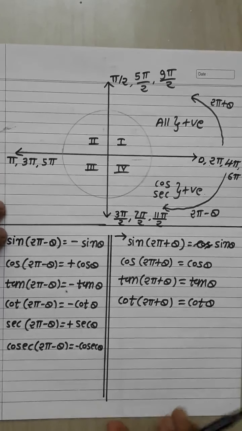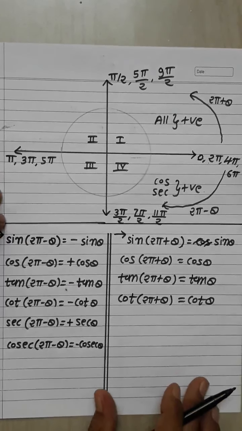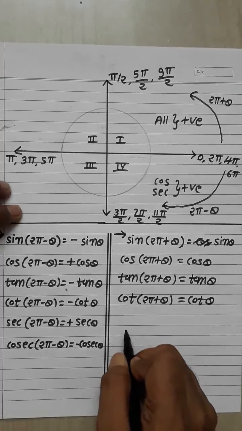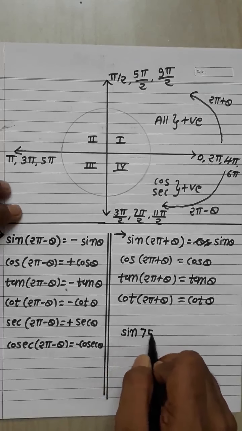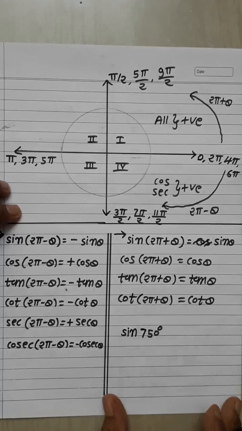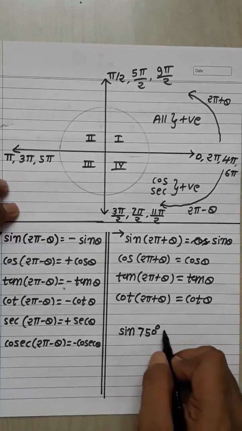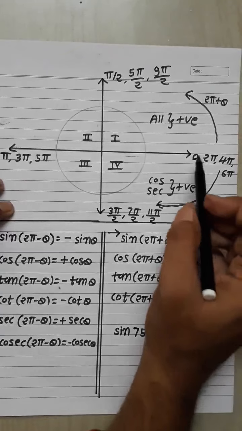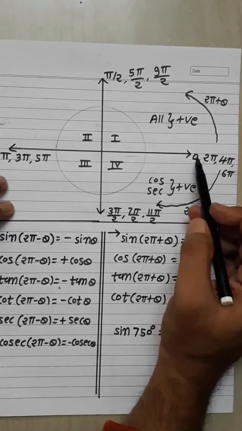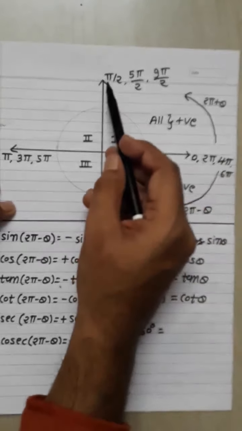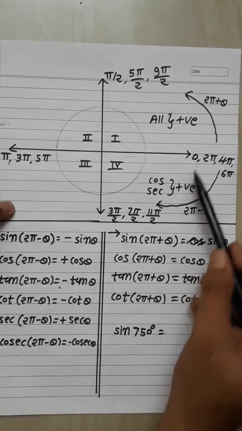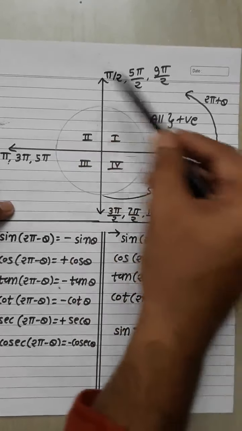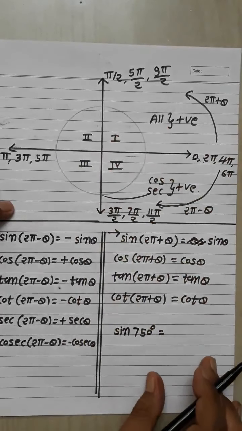Now using this result, how can we find out the value of, suppose, sine 750 degree? Here 0 degree is present, pi by 2 is 90, 180, 270, 360. That means when one circle is completed, we get 360 degree.